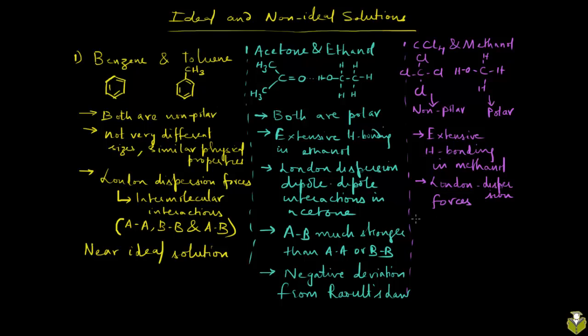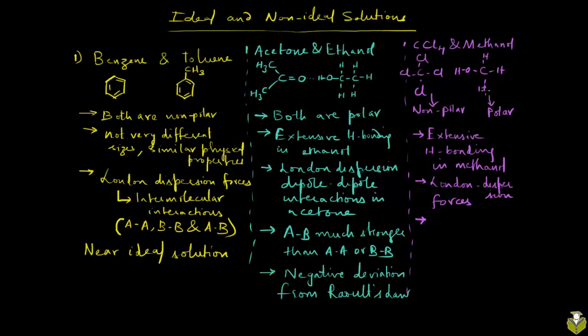So the question now is, what happens when you mix these two liquids together that are so different? One is a polar molecule, the other is a non-polar molecule, and their sizes are quite different too. Because of the chlorines, this molecule is much bigger than the methanol molecule. In fact, when you form a solution with these two liquids, the non-polar carbon tetrachloride molecules interrupt the hydrogen bonding network in methanol.